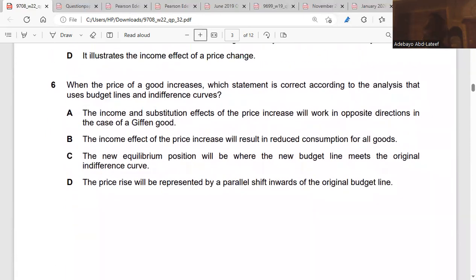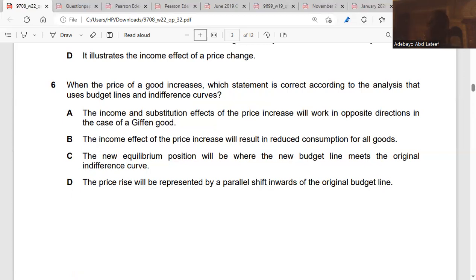Question 6. When the price of a good increases, which statement is correct according to the analysis that uses budget line and indifference curves? The income and the substitution effect of the price increase will work in opposite directions in the case of a given good. That's the answer. Because when you have a given good, the first thing you think about is the income, and the other thing you think about is the substitutes for it.